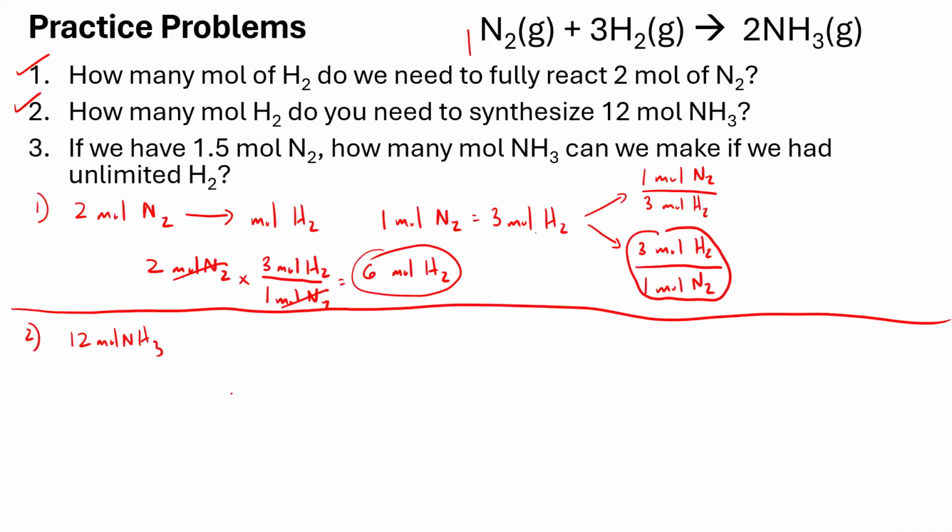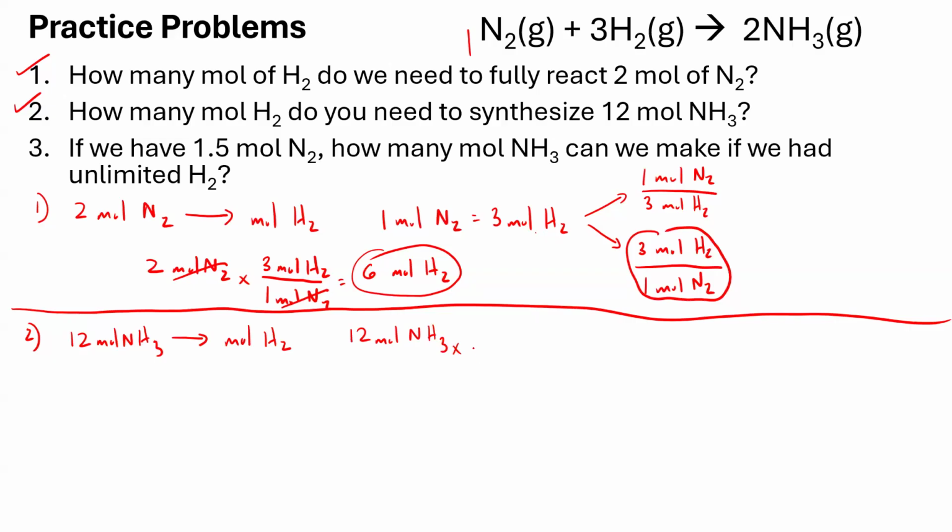And we're trying to get to moles of H2. All right, I'm going to do this without making those fractions. I'm just going to come up here and underline what I'm trying to use. So now we have 12 moles NH3.